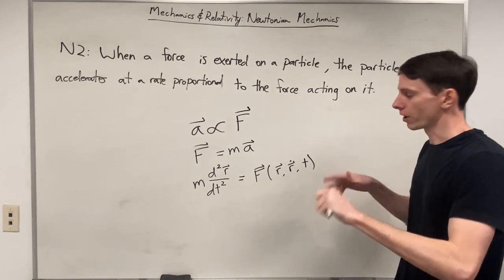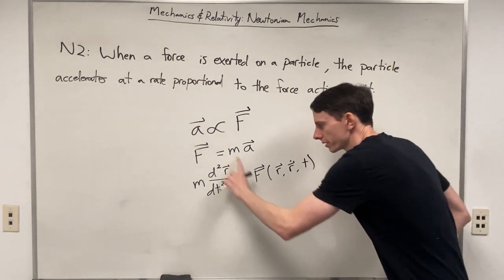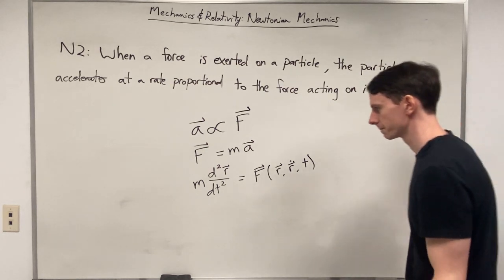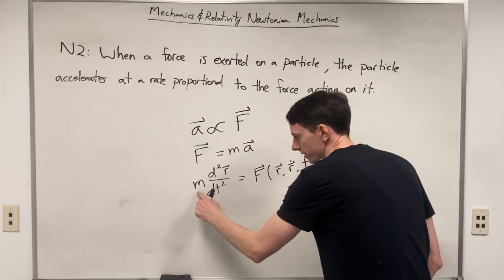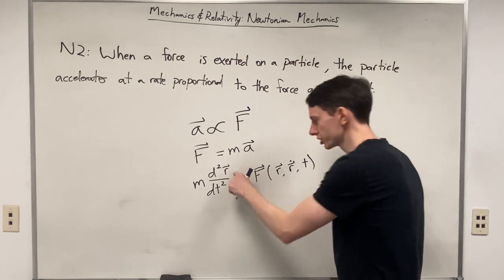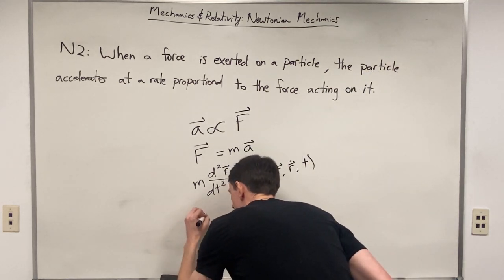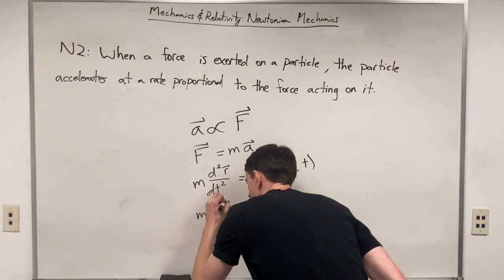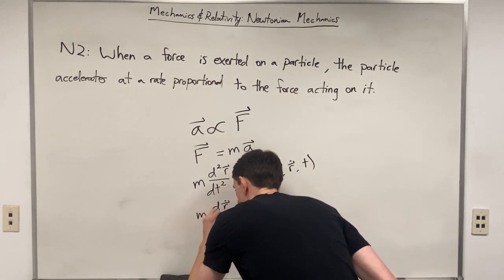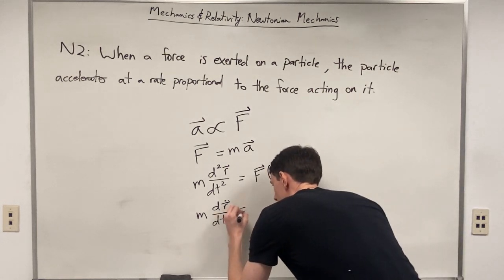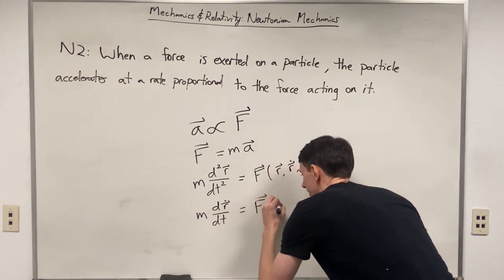Now, before writing out this vector p, I'm just going to manipulate this right-hand side slightly. So rather than writing this as m times the second derivative of the position, I could also write this as m times the first derivative of the velocity, right? m times d r dot dt equals our same right-hand side, right?